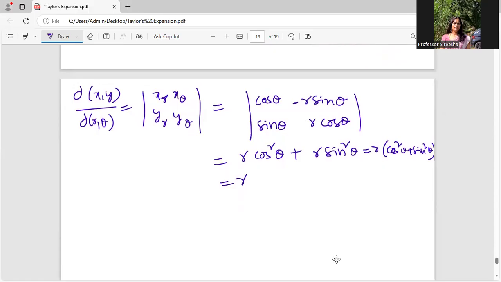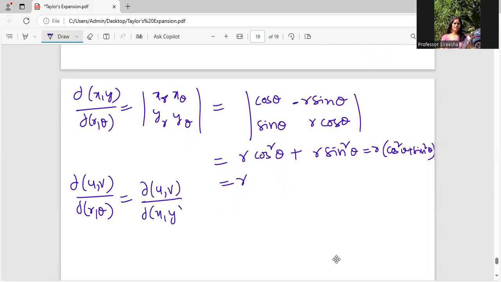Now what he has asked us is not this, u comma v with respect to r and theta. So I'll be writing the chain rule here. That is what? dou u by dou v. u and v are in terms of x and y, functions in x and y. x and y are functions of r and theta. Okay, so there I've got this first Jacobian to be 4r squared and the second Jacobian to be r.